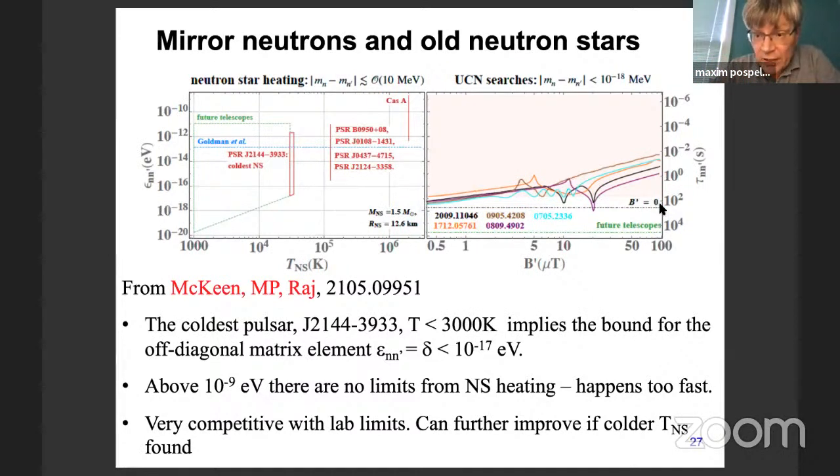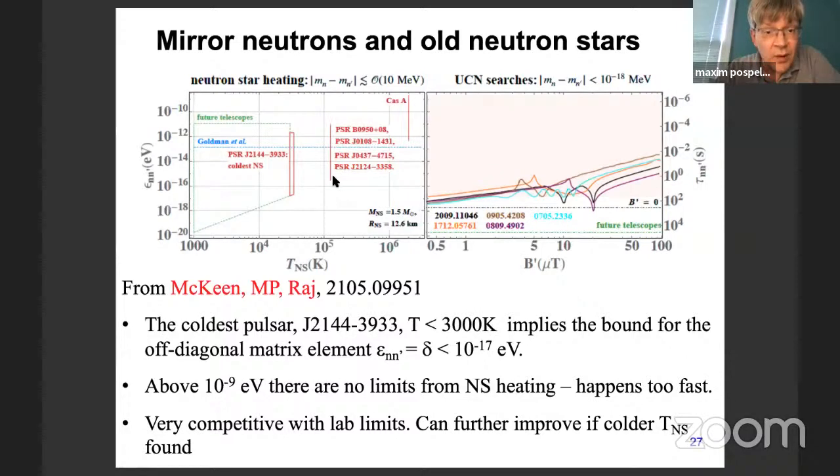You can also contrast it with limits on this model in the laboratory, and here there is a constraint on the neutron to neutron prime oscillation limit, which I have contrasted with a limit we derived from this coldest pulsar.